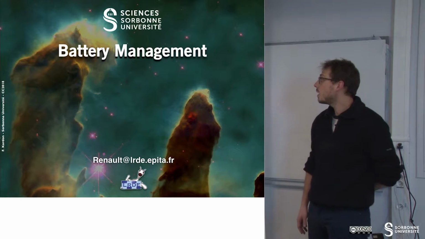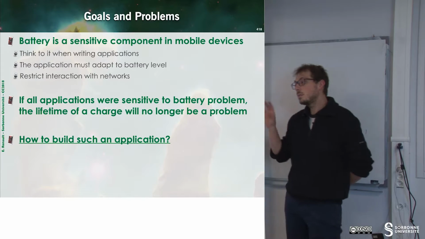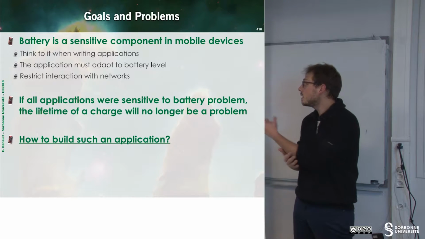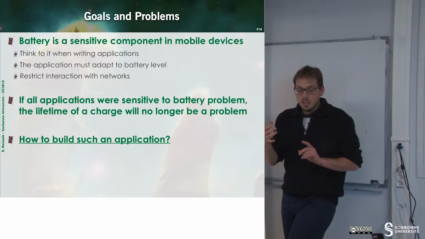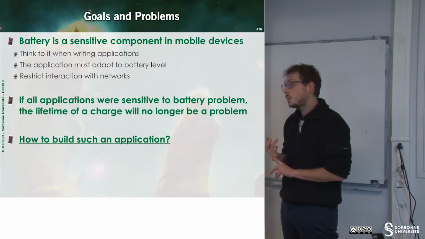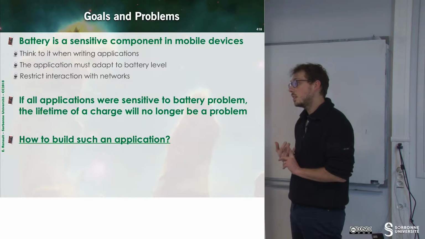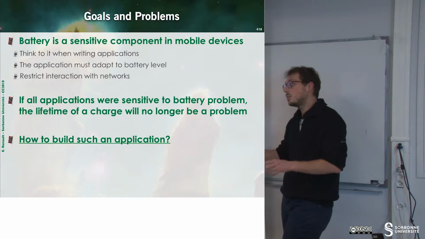So in this chapter we will learn about battery management, and we have to know that the battery is a sensitive component in mobile devices, and we have to think about it when we write applications. We must adapt our behavior to the charge of our battery.